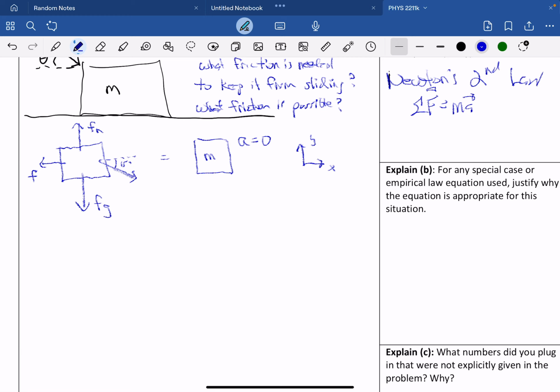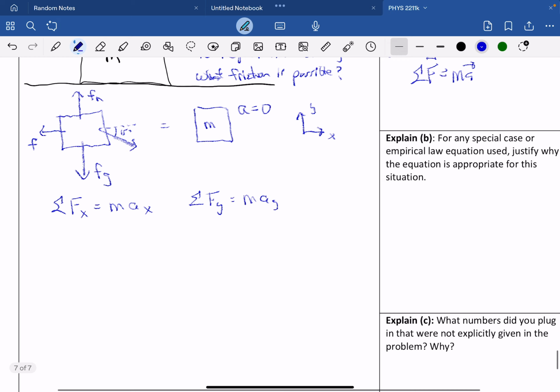If we add up all of the x components of all the forces, it should equal mass times the x component of the acceleration. And if we add up all the y components of all the forces, it should equal mass times the y component of the acceleration.